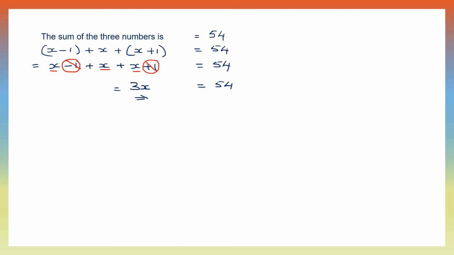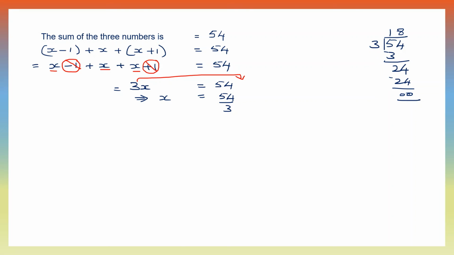Now I can find the value of x by transposing the 3 to the right hand side, so it becomes 54 divided by 3. 3 ones are 3, minus, 2. I bring down 4, 24. 3 eights are 24, minus. So I have found the value of x to be 18.